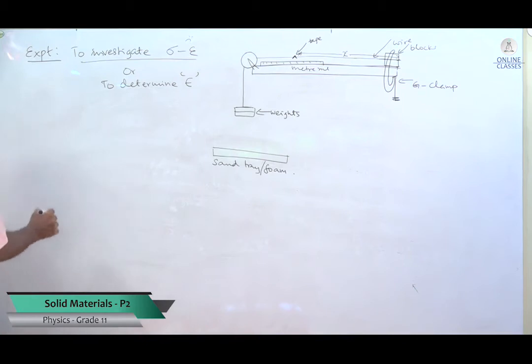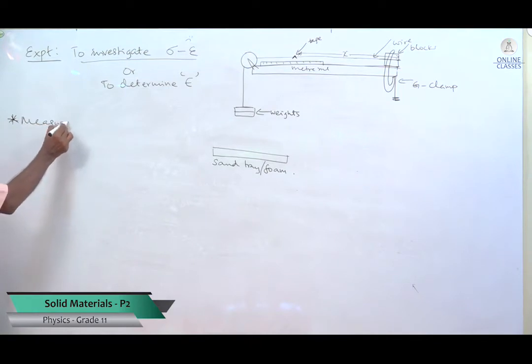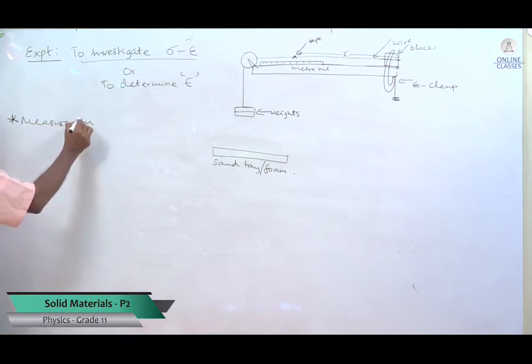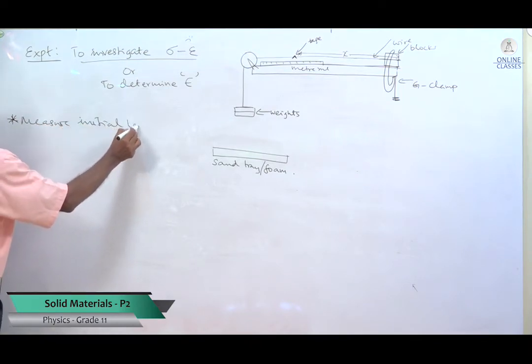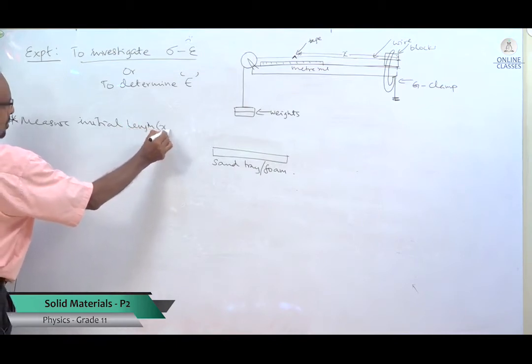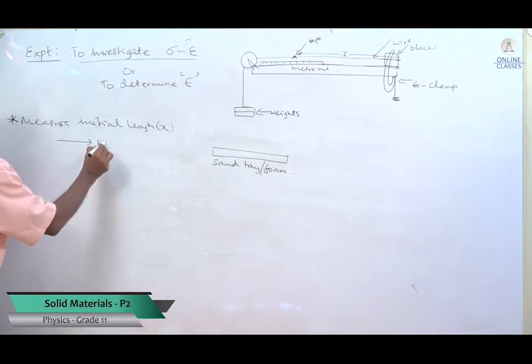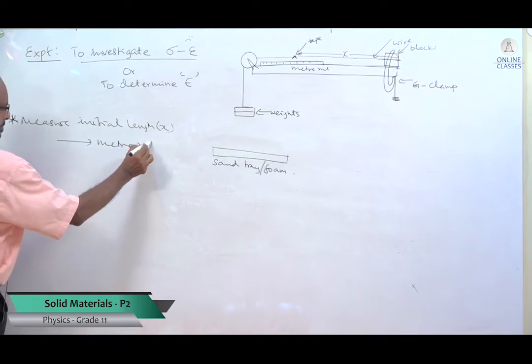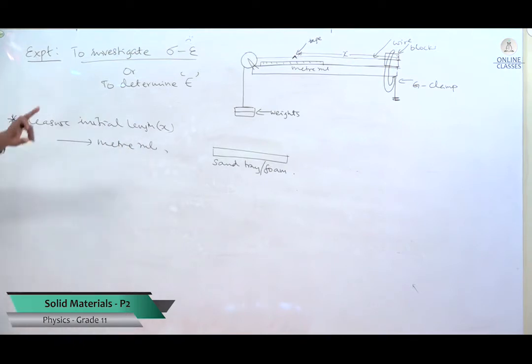So when you are doing this experiment, first measure the initial length of the wire using the meter rule, from the wooden block to the tape.